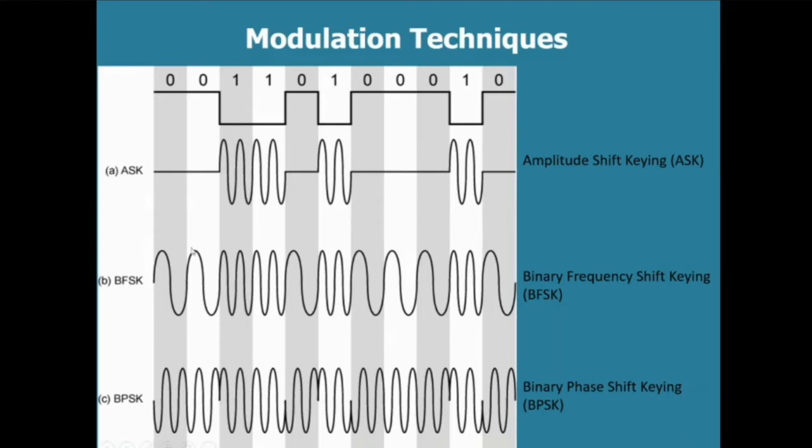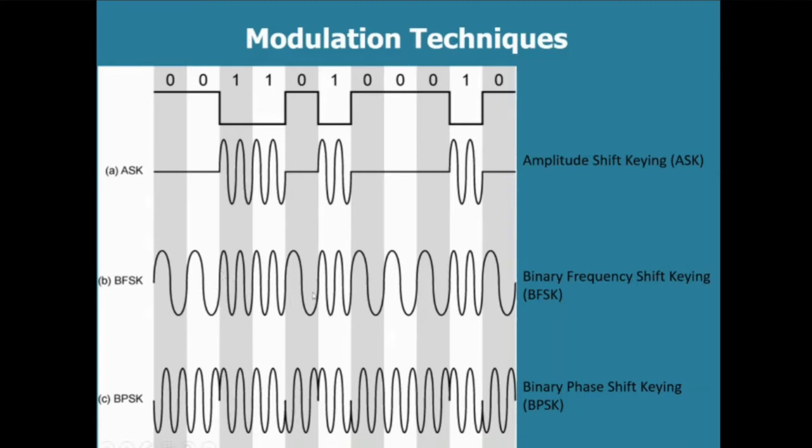Next, binary frequency shift keying (FSK), or generally we can call it the binary frequency shifting technique. For binary data 0, it will allow one carrier signal, and for binary data 1, it will allow another carrier signal. Here it will allow one carrier, and see the difference. Here for binary 1, the carrier signal will be smaller in time period, so greater in frequency.